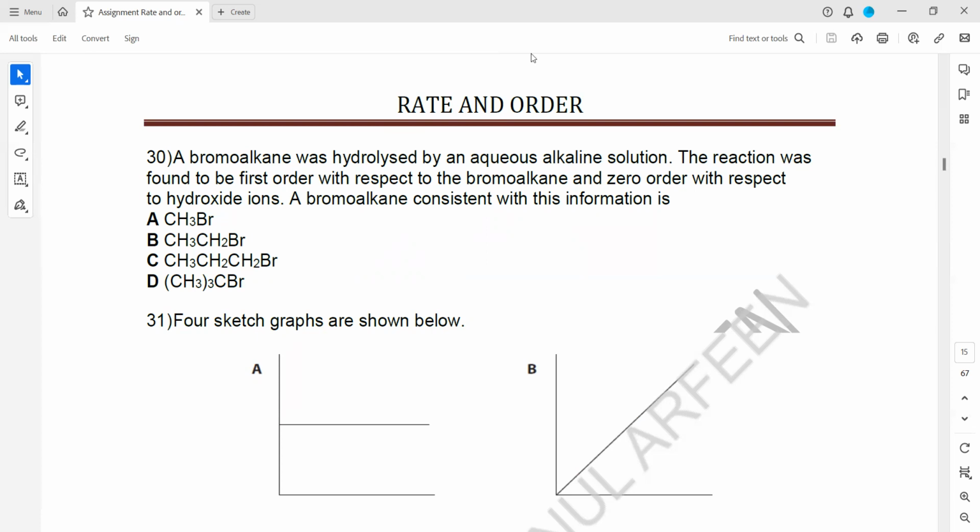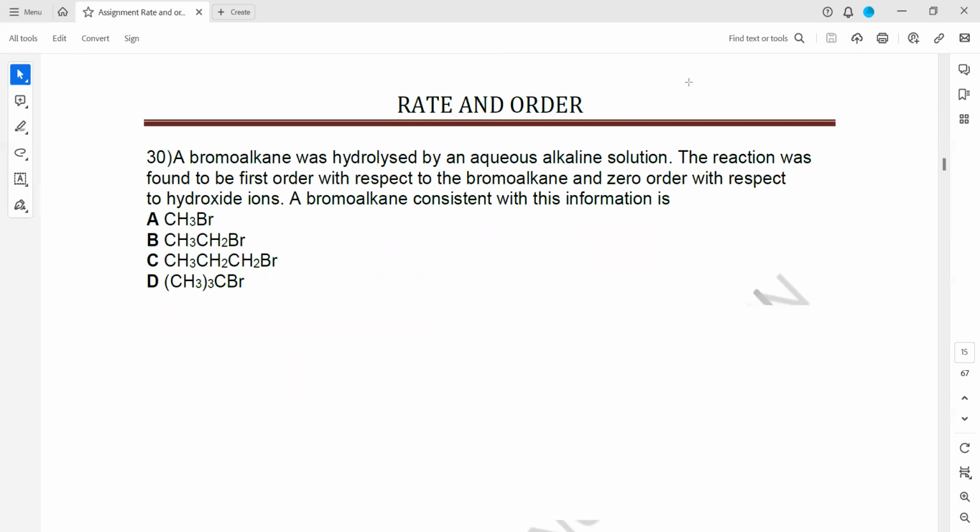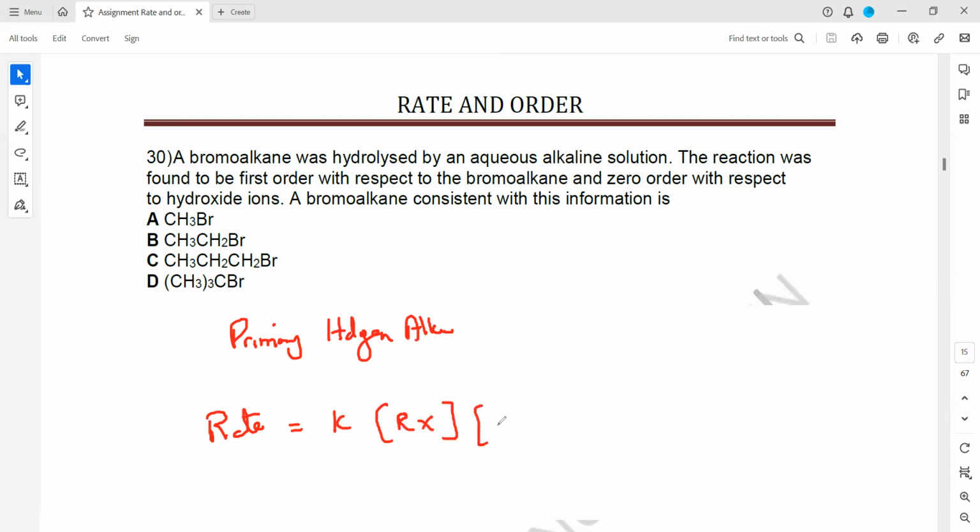If we are talking about the hydrolysis of a primary halogenoalkane, the rate equation is rate equals k times the concentration of halogenoalkane and the concentration of hydroxide.